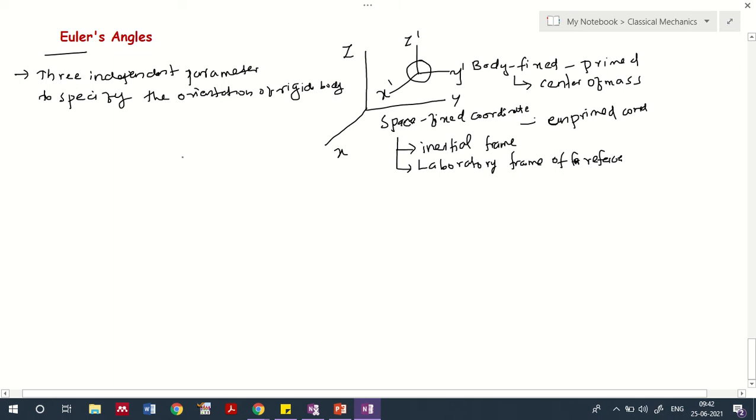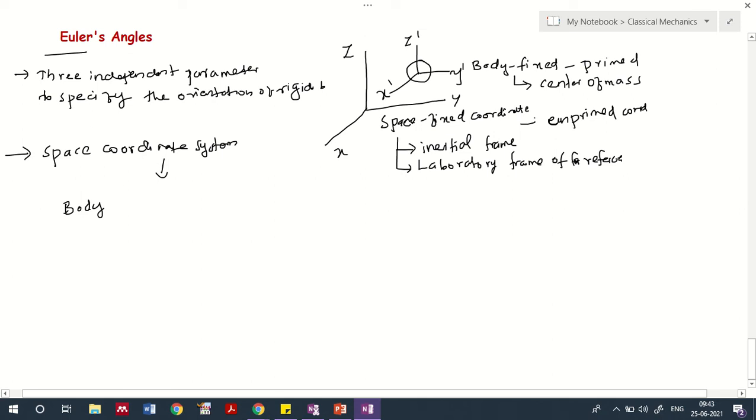For Euler's angles, what we need to do is convert a space coordinate system to a body fixed coordinate system.